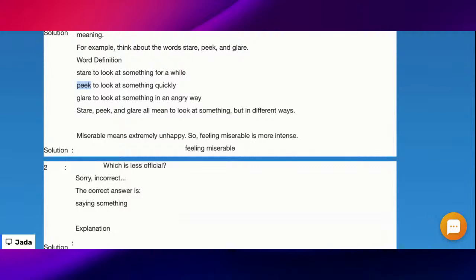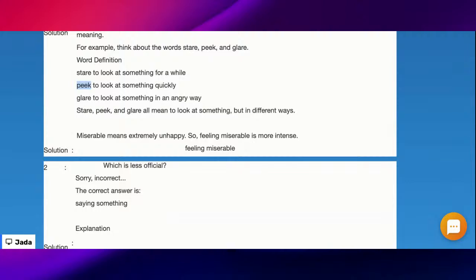So if you take note of all this, it simply just means to look at something. But we have different ways of looking at it. If we're staring, we're looking for a while, like intensely looking at something. If you are peeking, you just have a glance and then you're off.